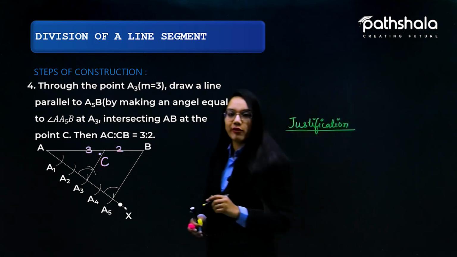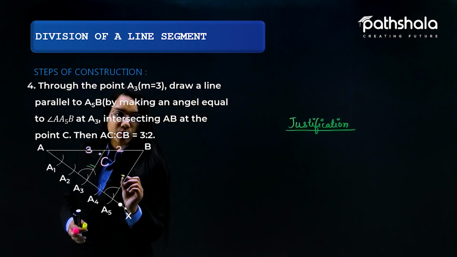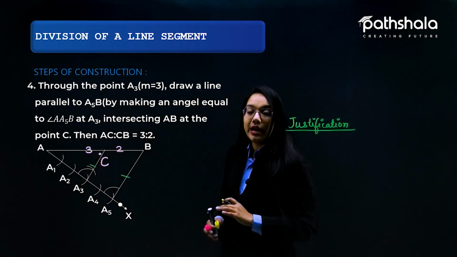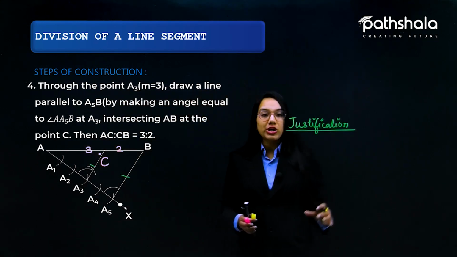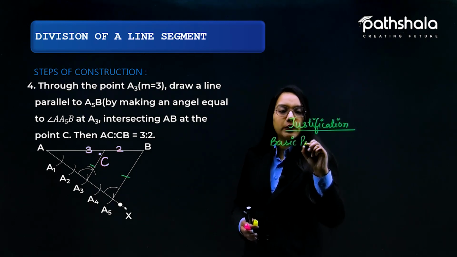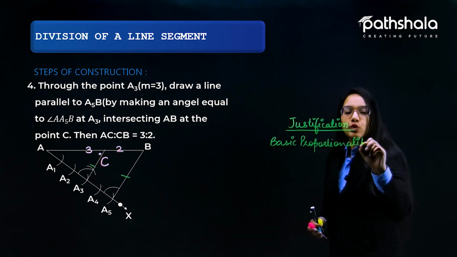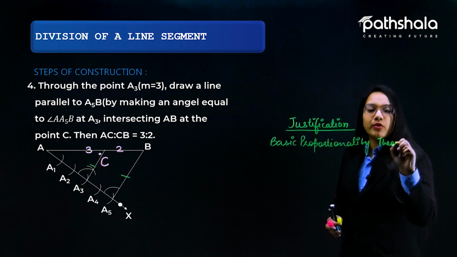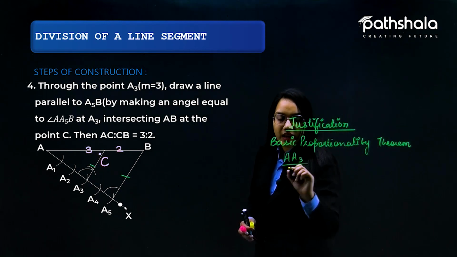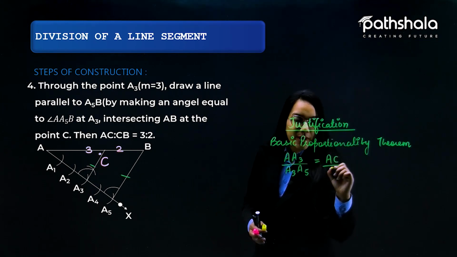We know that this line is parallel to this one and this is forming a triangle, so by the basic proportionality theorem, we will say that AA3 by A3A5 should be equal to AC by CB.